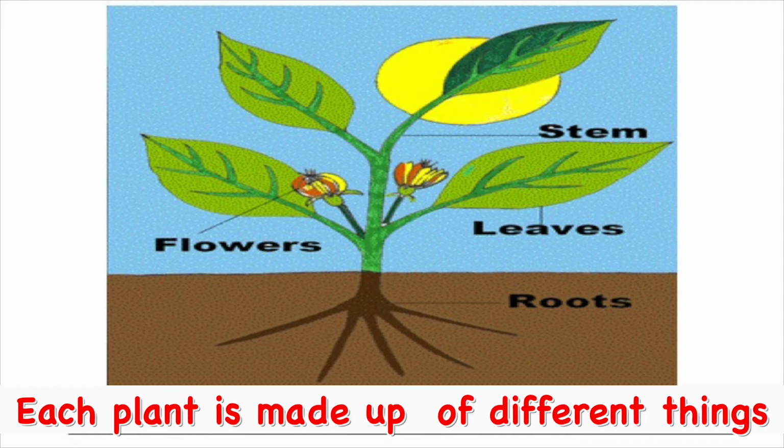Yes, leaves are very important because leaves are what collect the water when it rains so that the plant can drink and stay alive. And some plants too have pretty things on them which are called flowers. Yes, so you can see each plant is made up of different parts.